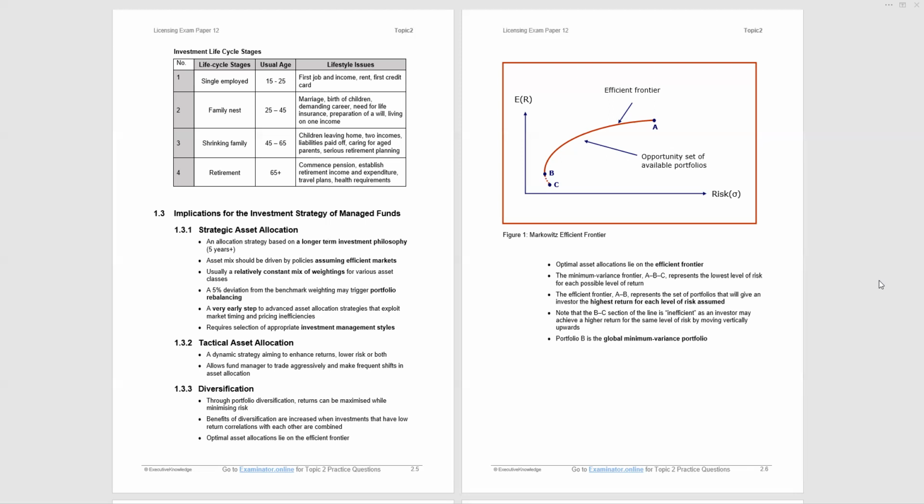What does that mean? It means that the returns, let's say, of two investments move in different directions. So when one investment's returns go up, the other goes down, and vice versa. So that whatever happens in the market, your combined investment stays steady.